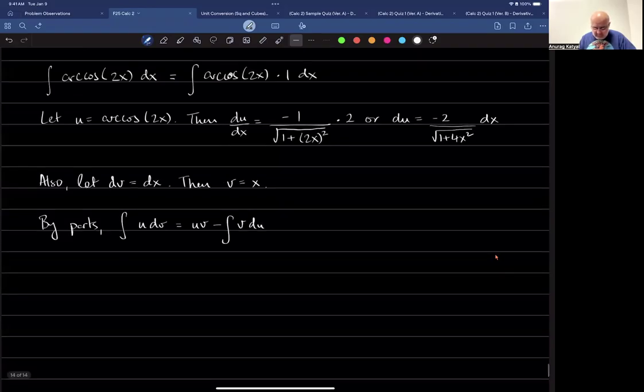This means u, which is arc cosine of 2x, times dv is just dx.